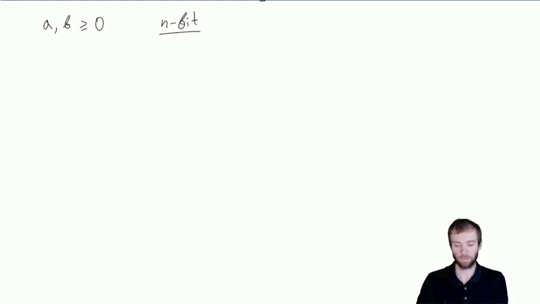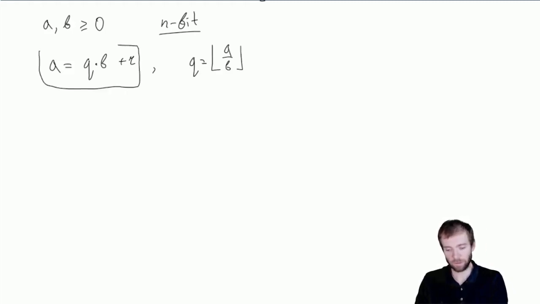So we are to find integer numbers q and r so that a is equal to q times b plus r, where q is the quotient and r is the remainder. Well, of course, q can be expressed as a over b with the floor function.